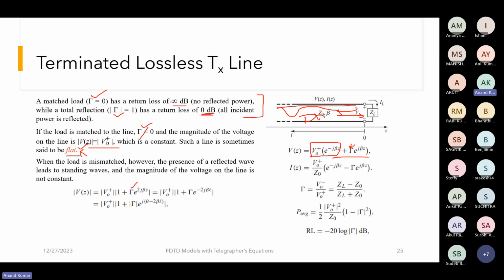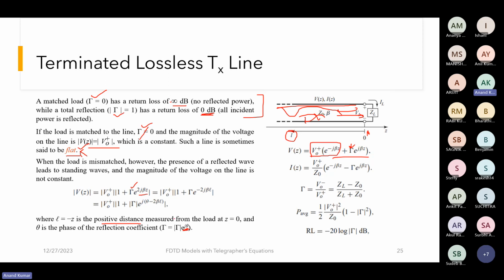This is the reflection coefficient and the exponent terms. We have this L over here, which represents the positive distance measured from 0 towards the negative z axis. The load is at 0, and the phase of the reflection coefficient is given by e to the power j theta.